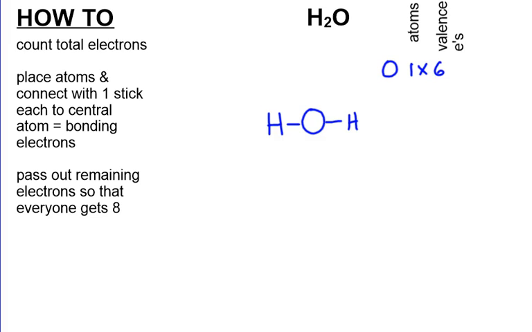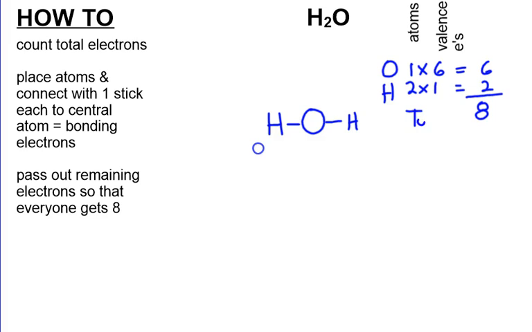He's atomic element number 8, which is in column 6, so he has 6 valence electrons. When we multiply that out, we get 6. And now we have hydrogen, how many? 2. And how many valence for each hydrogen? 1. So that gives us 2 more valence for a total of 8.